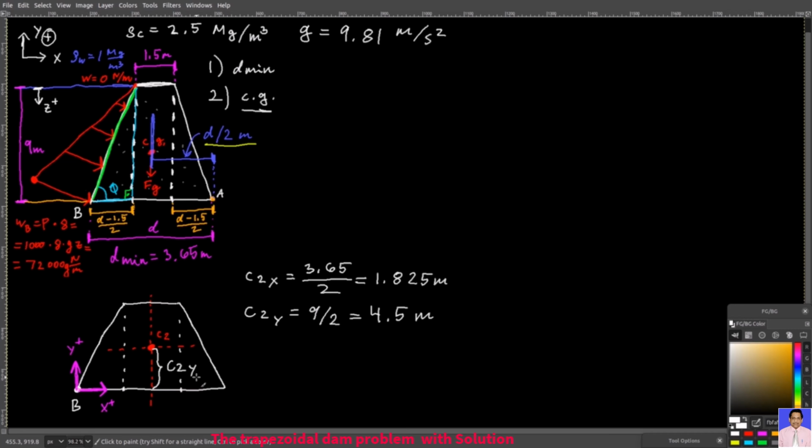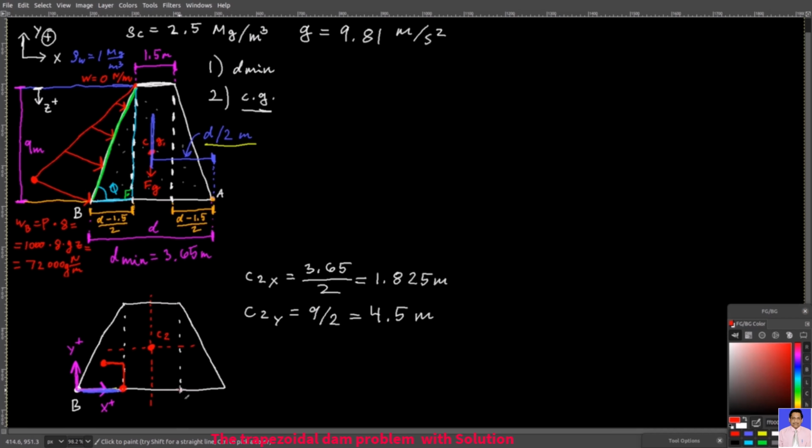That's your C2y. And then you have two right triangles, one on the left, one on the right. You already know from the previous problems where the centroid lies in the right triangle. From this corner here, you go 1/3 of the total height of the dam up, and then 1/3 of this entire length to the left.